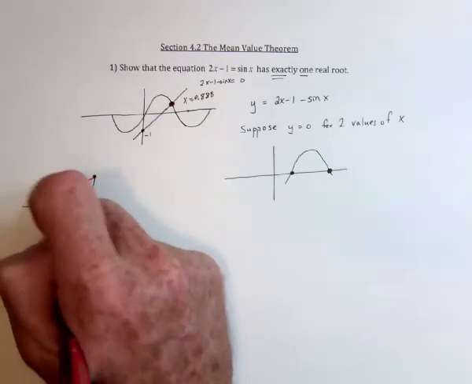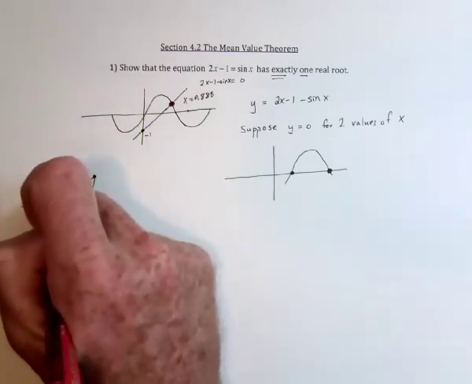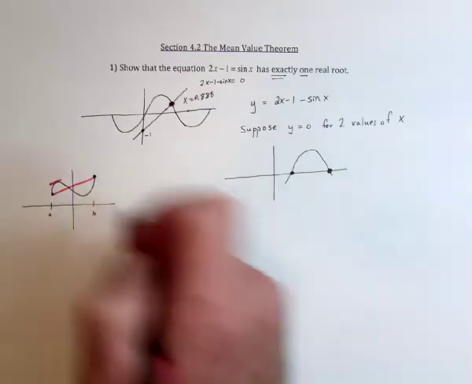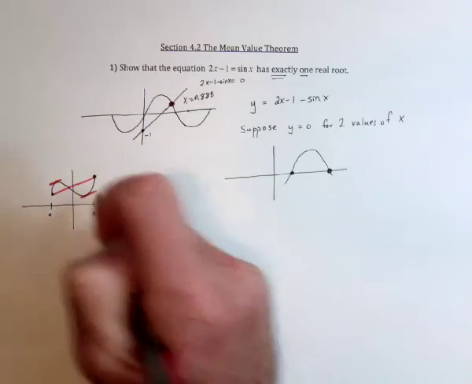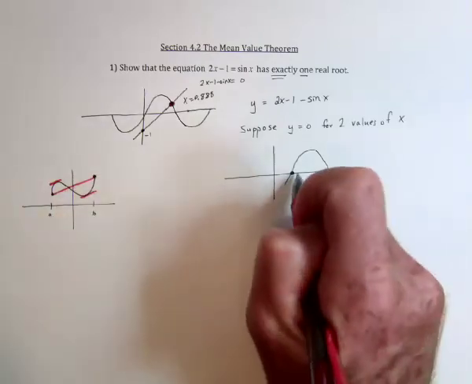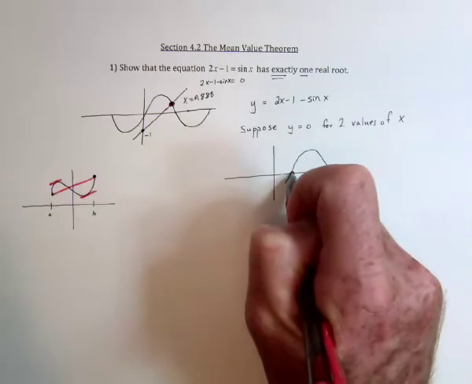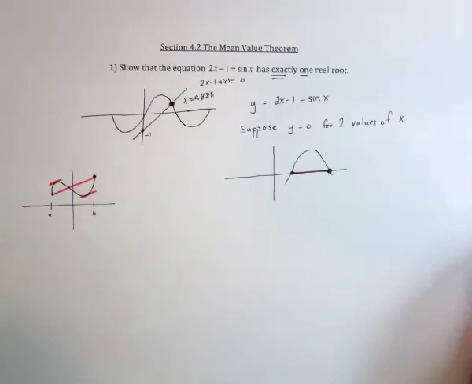Then there's going to be a place where the slope is the same for the tangent line. Like right there, or in this case also right there. So in our case, this special case, going between the two points, the slope is equal to 0. That's a horizontal line.